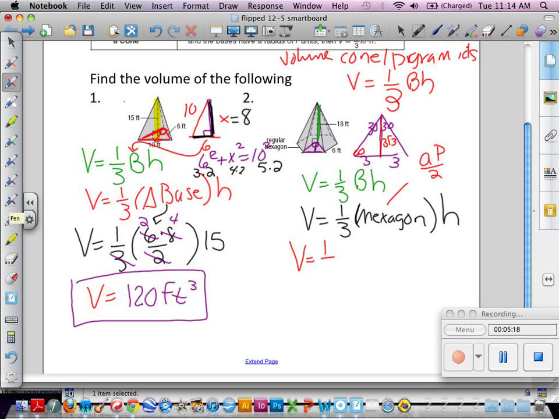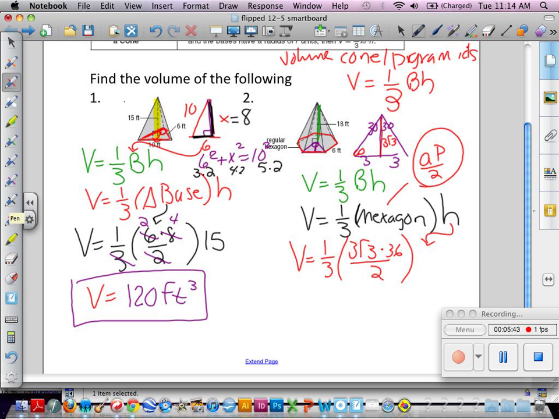So now I'm going to do my volume equals 1/3. I'm going to go and use my hexagonal area. I'm going to take my apothem, which is 3 root 3. I'm going to multiply it by the perimeter 6 times 6, which is 36. I'm going to divide that by 2.